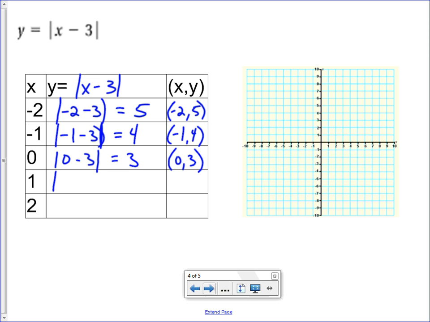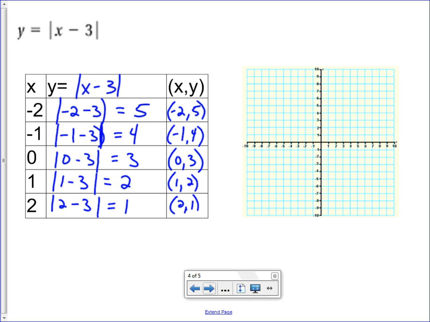Next one, if I put in a 1, I'd have a 1 minus 3, which is -2. But the absolute value of that is a +2. So I'd have the ordered pair 1, 2. And the last one, if you put in a 2, 2 minus 3 is a -1, but the absolute value of that is a +1. So my ordered pair would be a 2, 1.